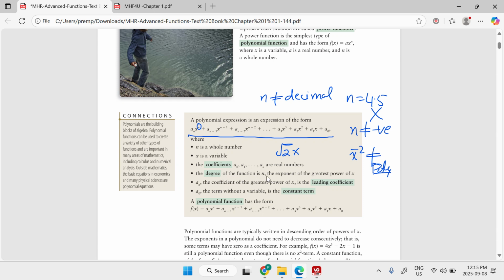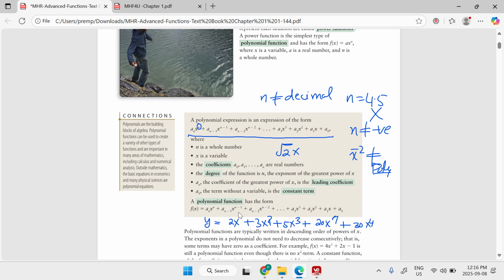And the degree of the function is the exponent of the greatest power of x. So say I have written a function like 2x plus 3x squared plus 5x cubed plus 20x raised to power 7 and then 30x raised to power 4.